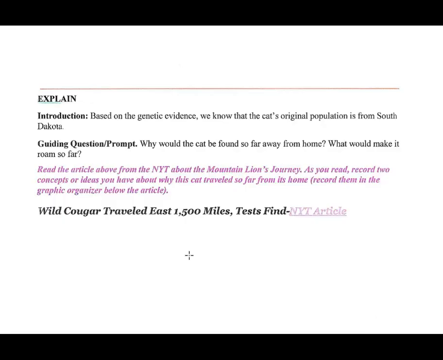You're going to record it in the graphic organizer below the article. So what I would suggest you do is, while I'm reading, if you see something that makes you think that maybe that's why he traveled so far from home, put a star by it, so that when I'm done reading, you can go back and grab that idea and write it down.